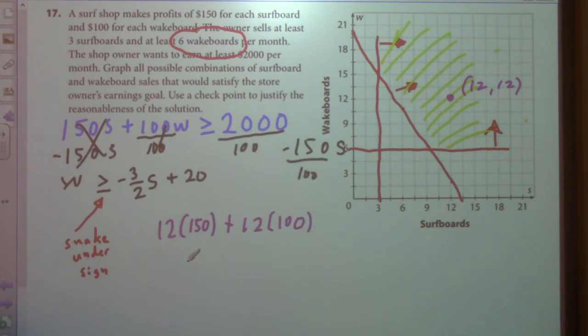So 12 times 150, that's going to be $1,800, plus 1,200. Is that going to be greater than or equal to 2,000? It is. So we're going to be good here. Okay, questions on that?